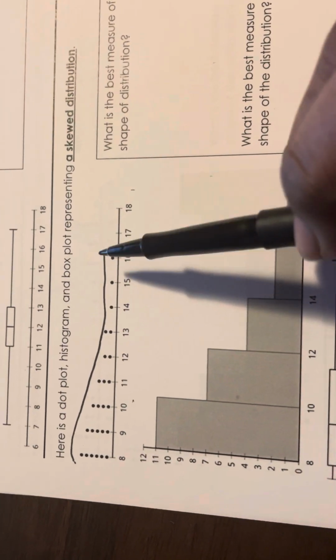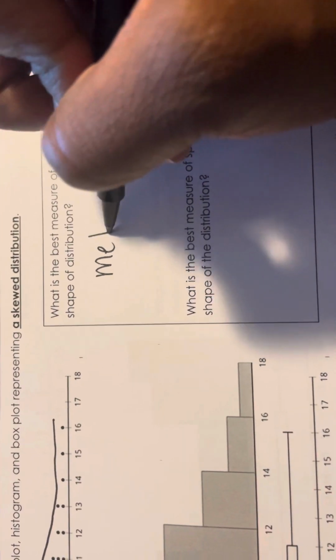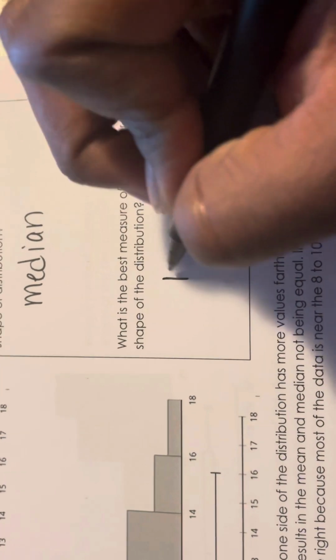So with skewedness, you would want to rely on your median. Remember that 100, 100, 100, 0? We want the median when we have data that's very much apart from the normal trend. What would be the spread? We're going to rely on the IQR, because again, median and IQR go together.